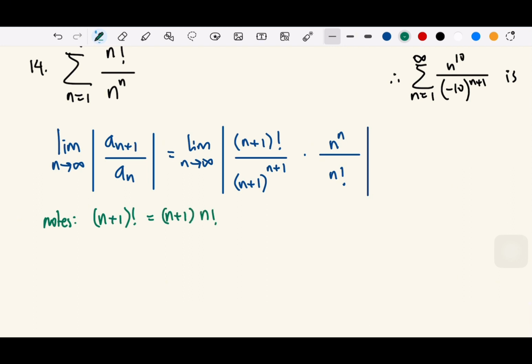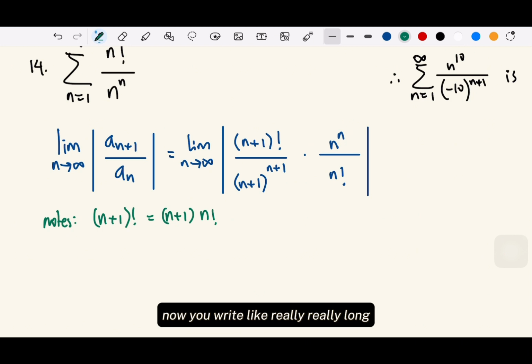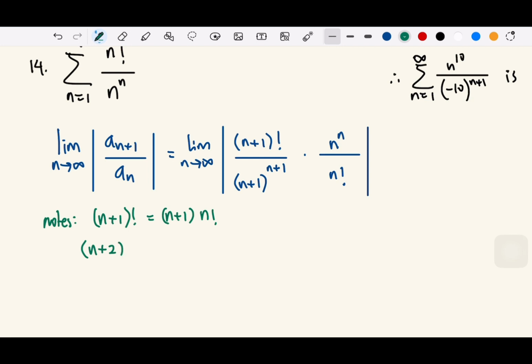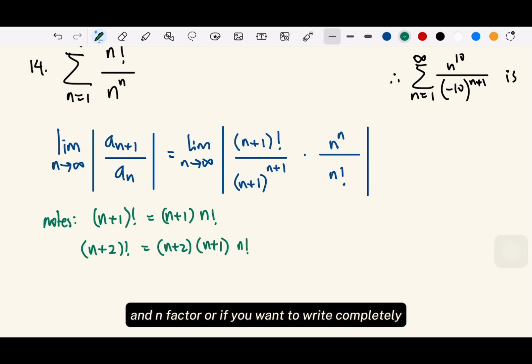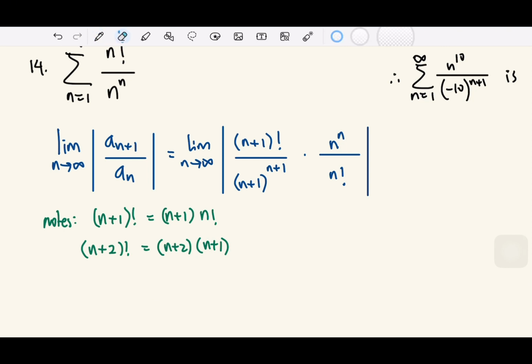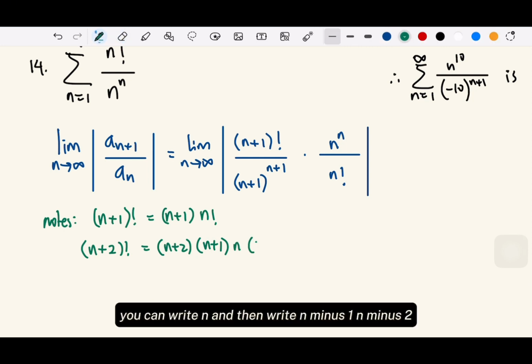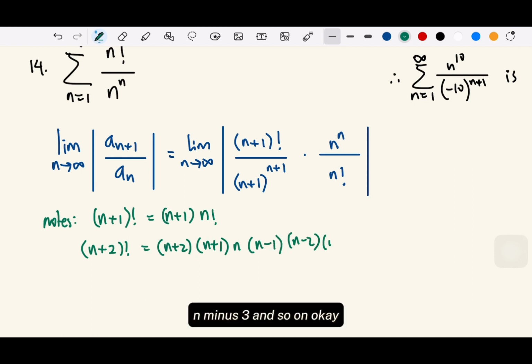Now if you write something really long, for example (n+2) factorial, you can start (n+2), (n+1), and then n factorial. Or if you want to write completely, you can write n, then n minus 1, n minus 2, n minus 3, and so on.